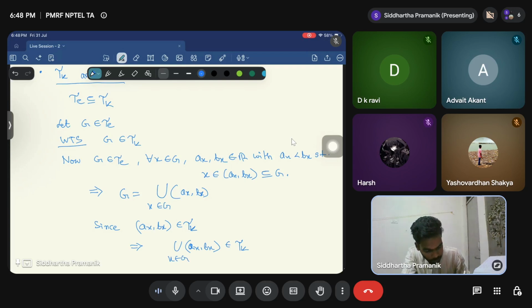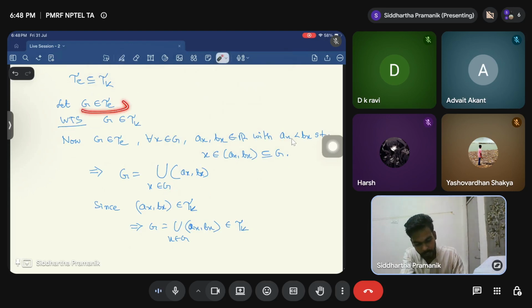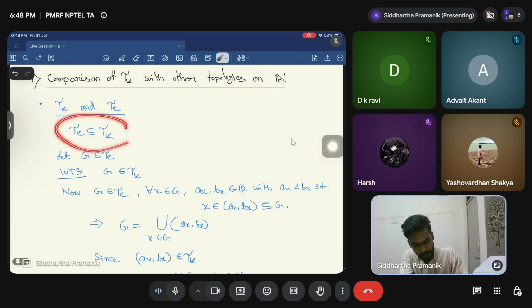But their arbitrary union is G, so G is in tau k. We have taken G from tau e and shown G is in tau k. So what we have proved is tau e is a subset of tau k.